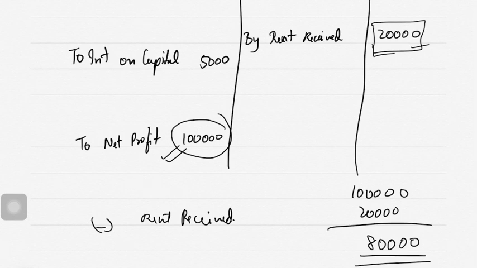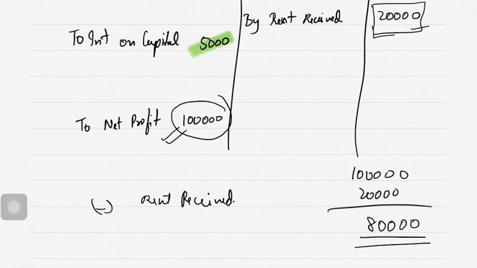Okay. Now because of this expense, because of this 5,000, your profit has been decreased by 5,000. Correct? Now your net profit is 80,000, you know. Because of this 5,000, your net profit is decreased by 5,000.